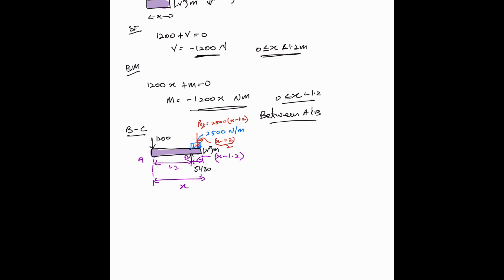So the shear force would be the sum of the forces, 1200 plus the equivalent load, plus V, and we simplify this.